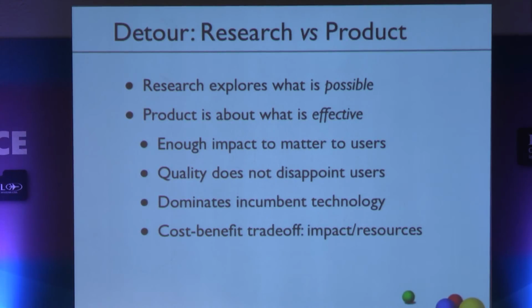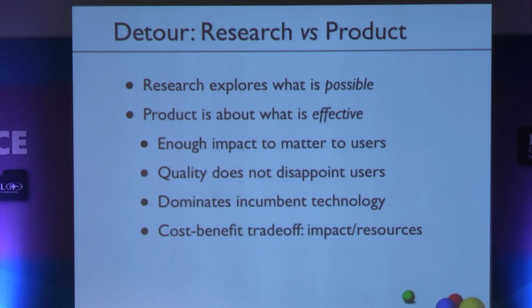Does it dominate incumbent technology, things that are easy to use and well established? And finally, does the impact make up for the increased resources that are needed? All of these issues, which are obvious from an engineering and product point of view, are often ignored when people criticize the state of the art in search or related areas.